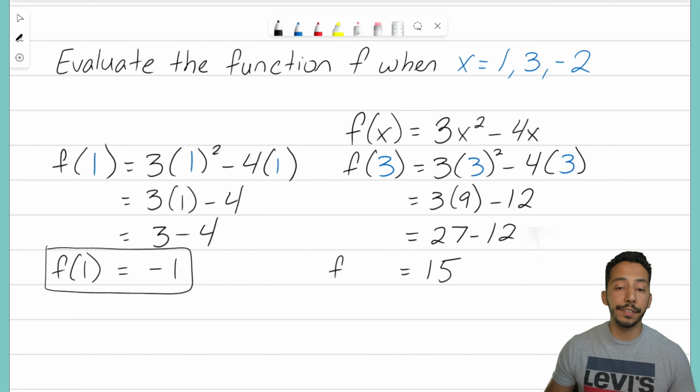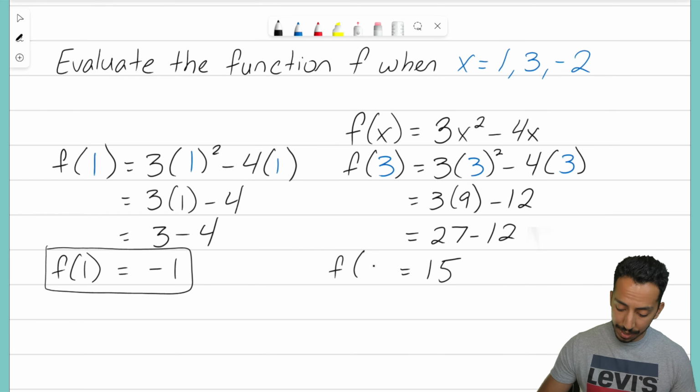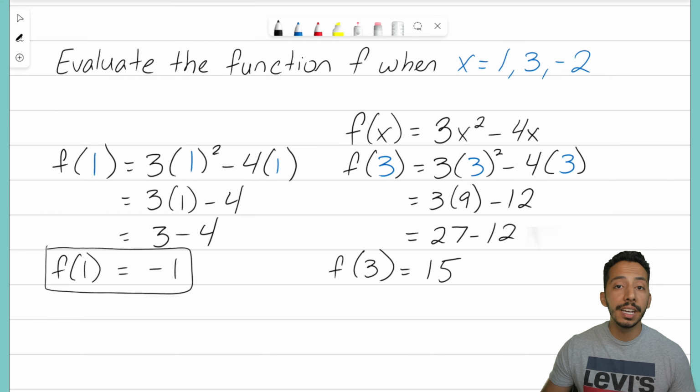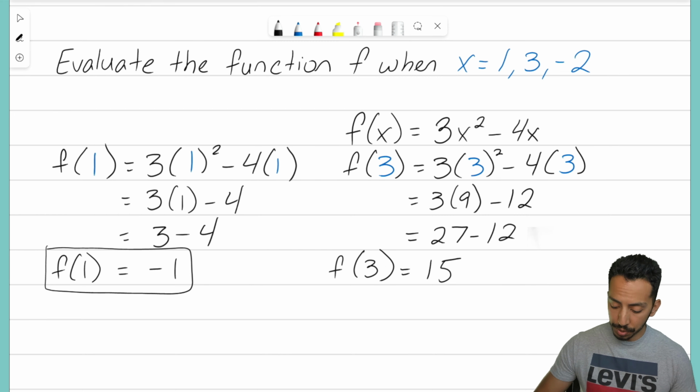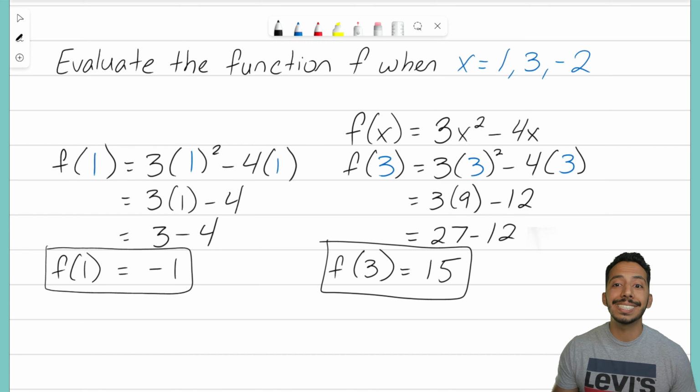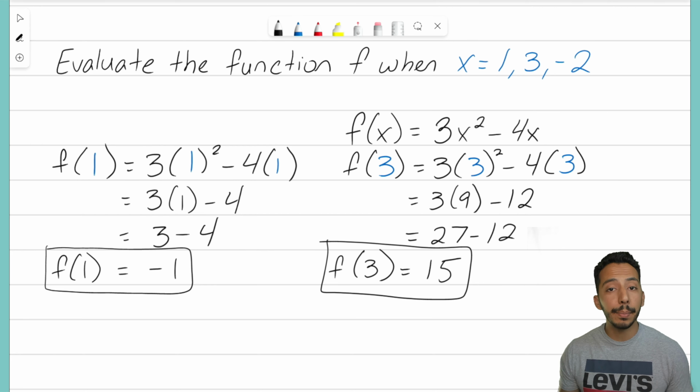So when we take f, our function, and input a value of 3, the output ends up being 15. We have evaluated the function when x equals 3. And notice, two different inputs: when x is 1 and when x is 3, it's giving us two different outputs. That most likely happens just because of the way our function is.